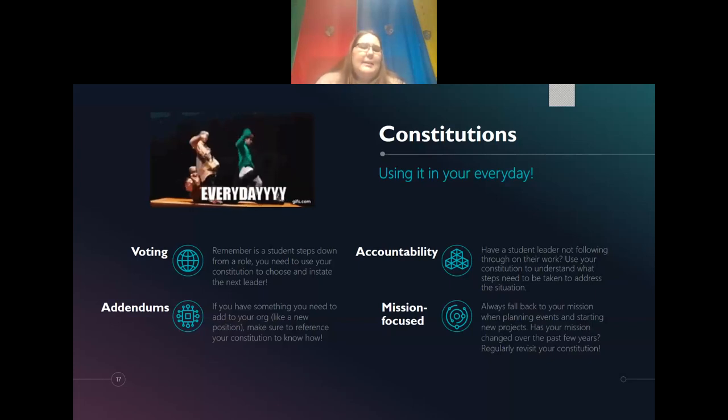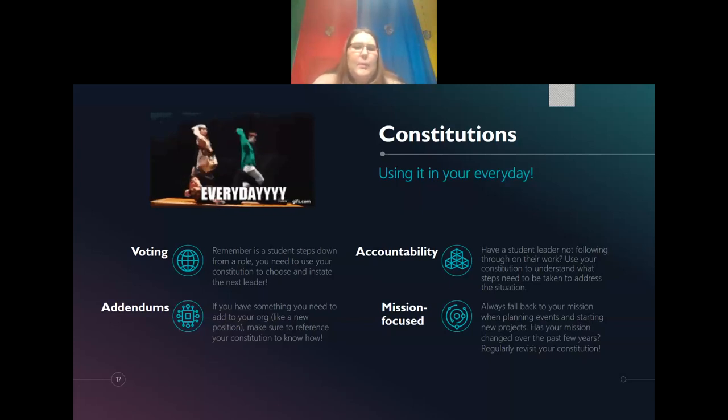Say you're an existing org and you're like, hey, I really need that PR position. Check your Constitution, see how to make that amendment. It's not just for the advisor and the president to do, or just a couple of the student leaders. You should really involve your entire membership when you're making any addendums, to make sure that all perspectives are being taken into consideration and that it's really going to benefit and move forward the organization.